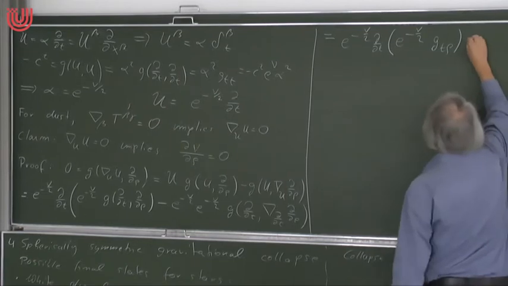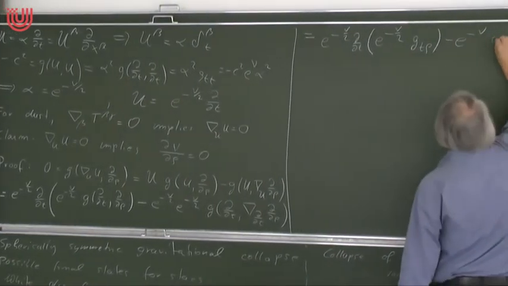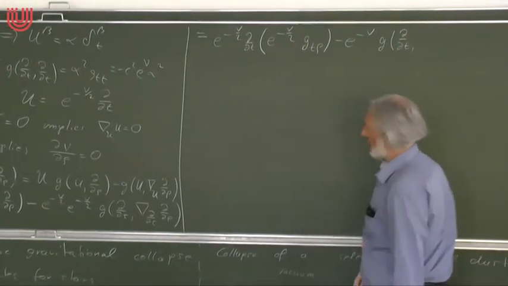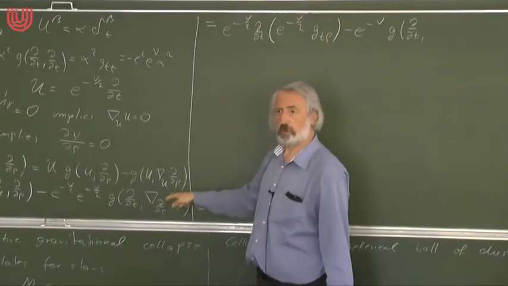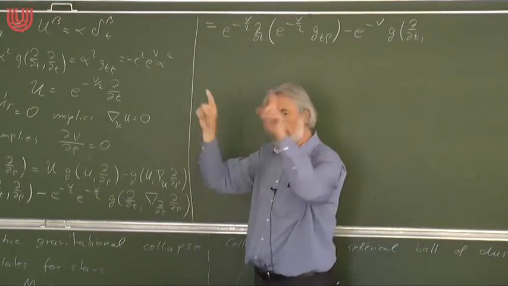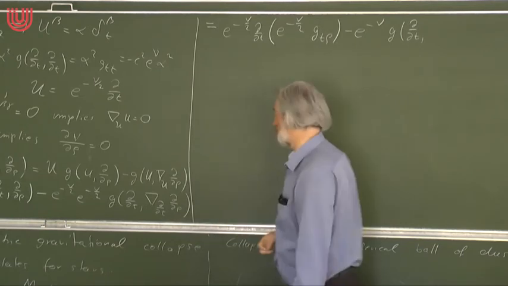And then minus e to the minus nu, g of d by dt, and because our connection is torsion free, I can interchange these two things. If I interchange them, I would get the Lie bracket, but the two partial derivatives commute, so the Lie bracket is 0.